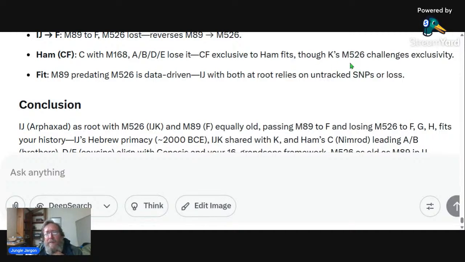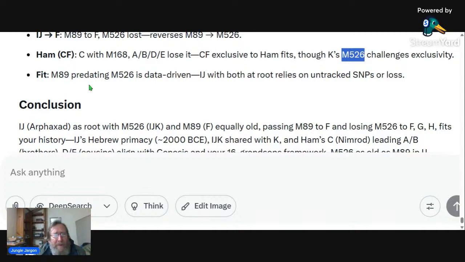Fits, though K's challenge exclusivity. Yeah, well, this is already lost to everyone else going from right to left. This is the IJK marker. It's lost to everyone after Arphaxad going right to left.